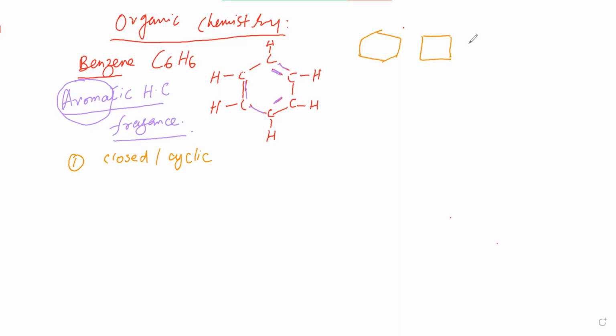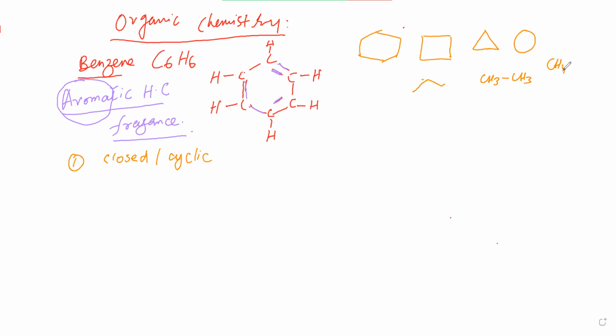This is a cyclic structure. This one is closed. This one is closed. But this one is open, if I'm writing CH3, an open structure. If I'm writing CH4, an open structure, okay?